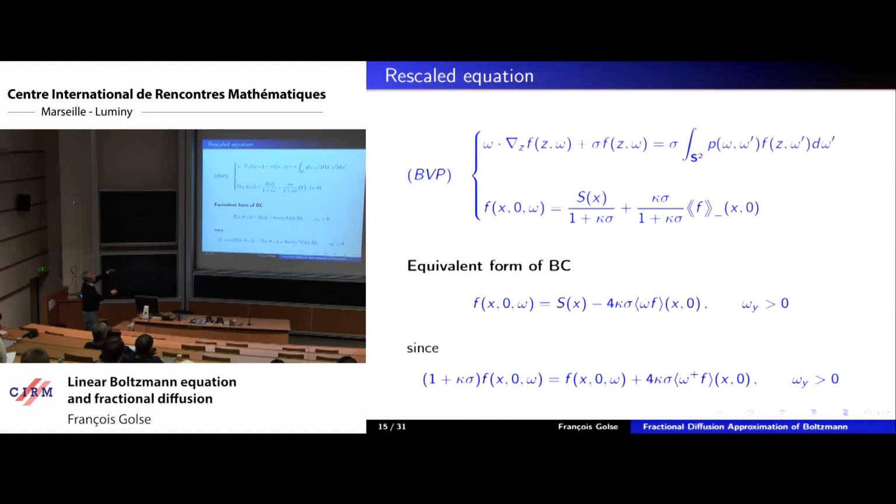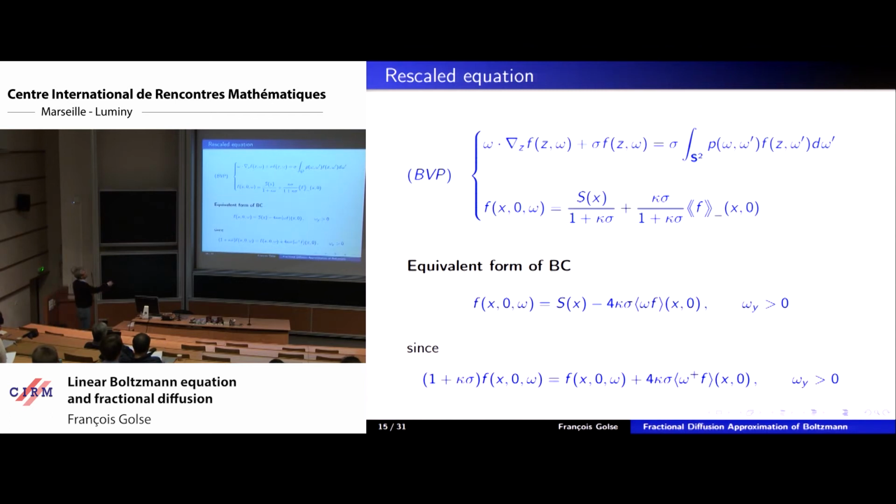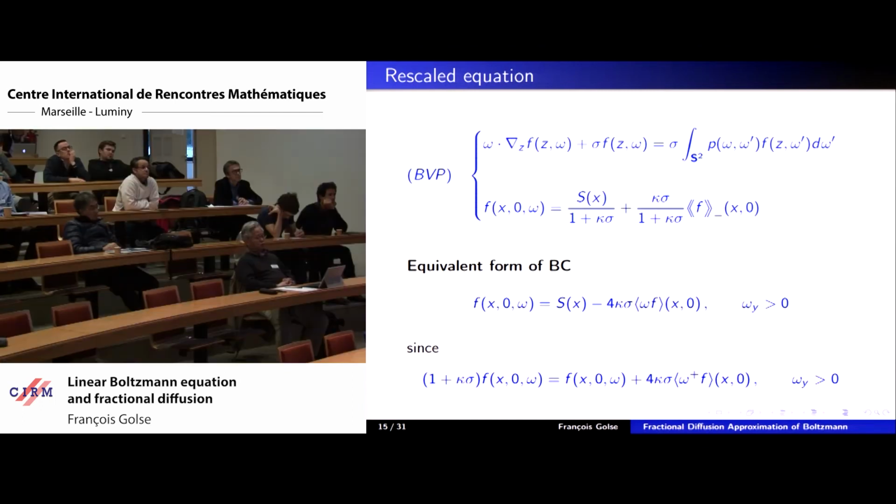So this is for z in the half space, and at the boundary, for z equals 0 and omega y positive, so for the incoming radiation, then you have f of x 0 omega, which is equal to s of x divided by 1 plus kappa sigma. So if you want, this is our r of x, plus the Lambert reflection term, which can be written in this way, involving this double bracket notation. It corresponds to the flux of outgoing photons.